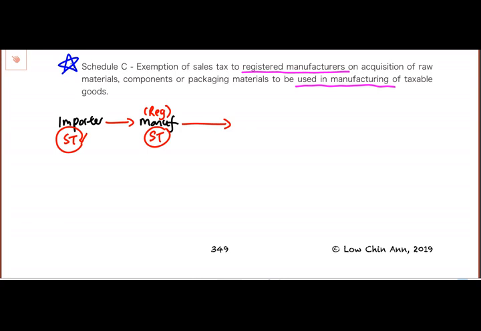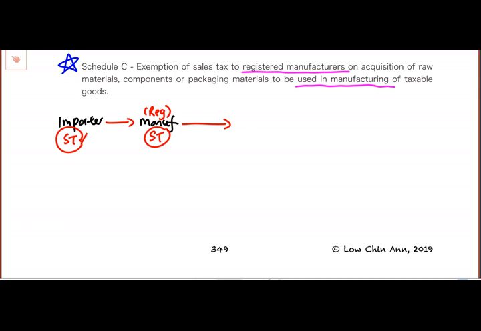Then when the thing just passes from one hand to another hand to another hand, it will just increase and increase and increase because the sales tax is always there. So from the beginning point until the hand of the consumer, the product could be 10 ringgit, but because of so many times of sales tax, the product becomes so expensive because the sales tax is multi-layered.